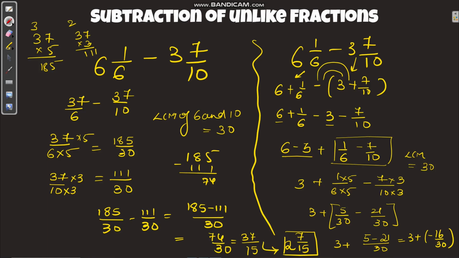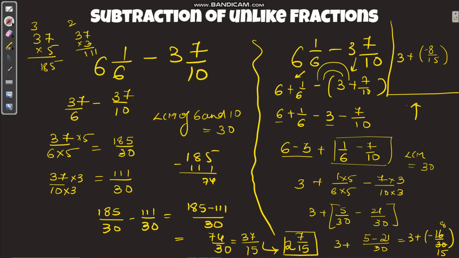Is there any number which can cancel 16 and 30? Yes, 2. 2 8s are 16, and 2 15s are 30. So it is 3 plus minus 8 by 15.